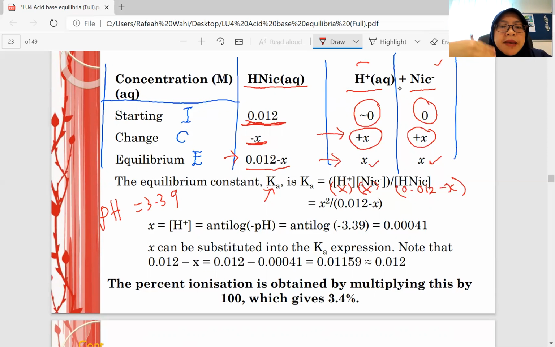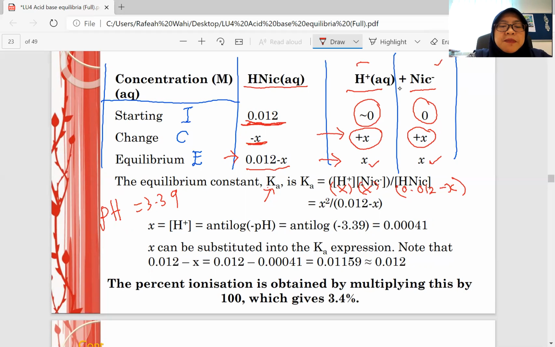So going back to our last lecture on how we calculate pH from the concentration of H plus ion and vice versa: how do we calculate the concentration of H plus ion from pH? It's about the negative log expression.